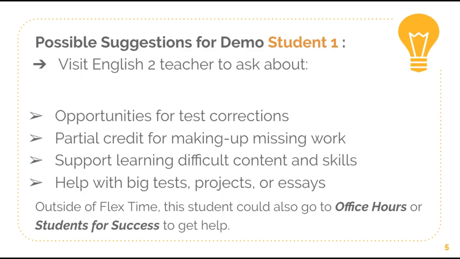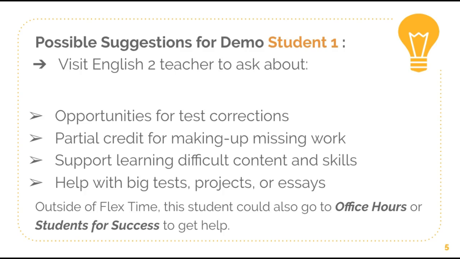We have already established that the student should visit the English 2 teacher. Now, we don't know exactly why the student received 50%. It's possible that it's due to many absences and missing work. In that case, asking the teacher if the student would receive partial credit for making up missing assignments would help, not only for the credit, but also as the student will be reviewing major concepts that have been covered in class.